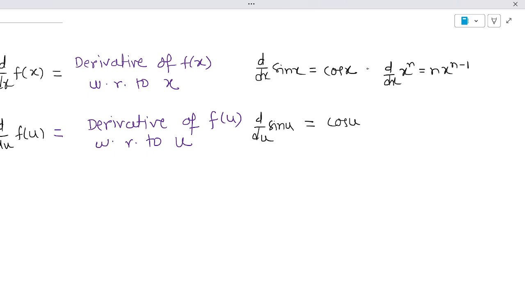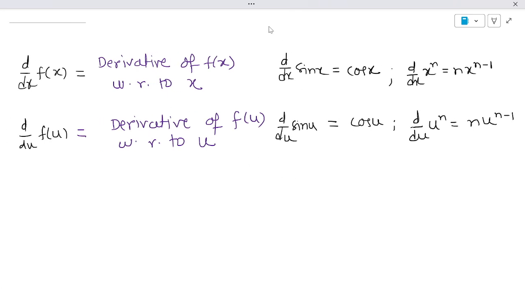So can you guess this? d by du of u power n. So it will be n u to the power n minus 1. Now, similarly, derivative of e power x is equal to e power x. So therefore, derivative of e power u with respect to u will be e power u.